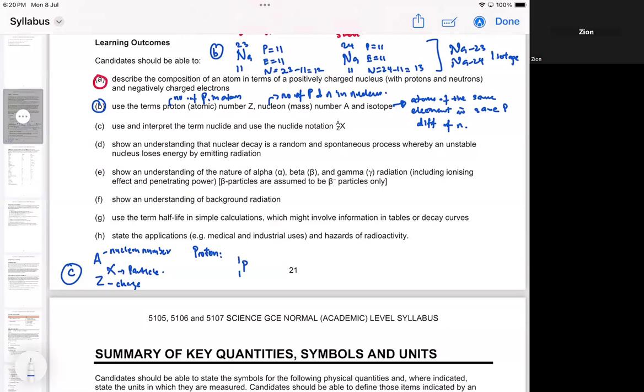For a neutron, is N. The mass is 1. The charge is 0. And for an electron, the mass is 0, almost nothing, and the charge is -1. That's how we represent them in what we call a nuclide notation.